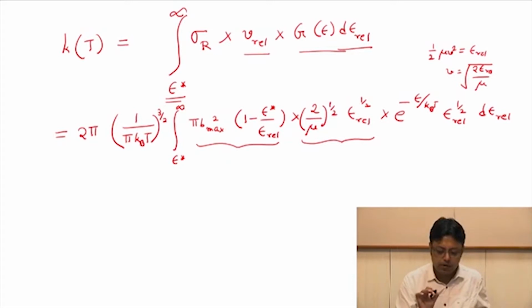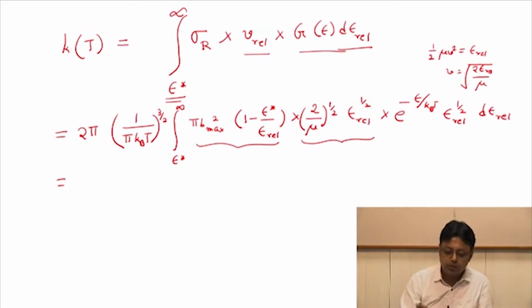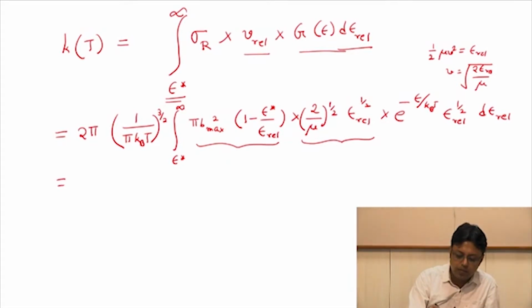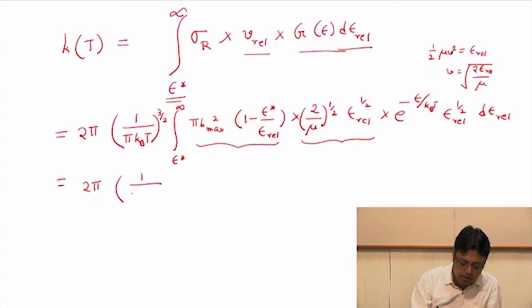Now look at this integral very carefully. What we have is pi b max squared, but that is also a constant that we can take out of the integral. So 2 pi times 1 by pi kBT raised to the power 3 by 2 into pi b max squared.